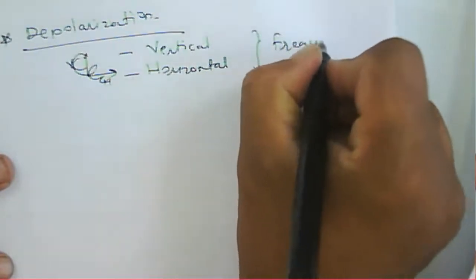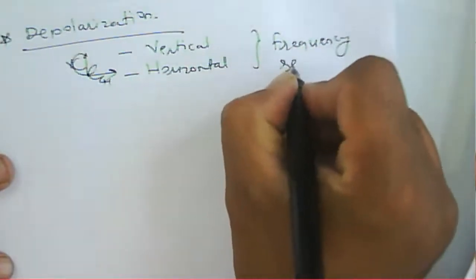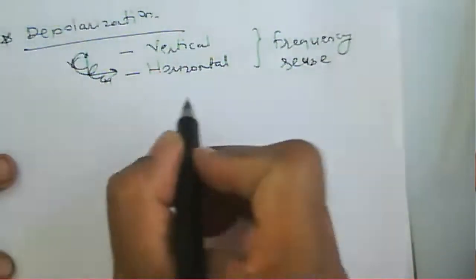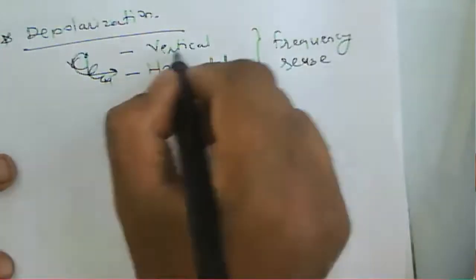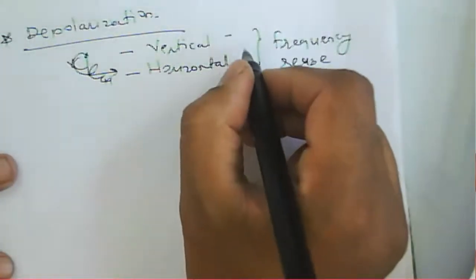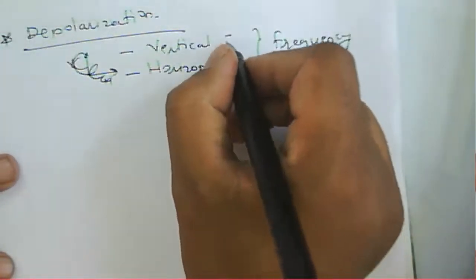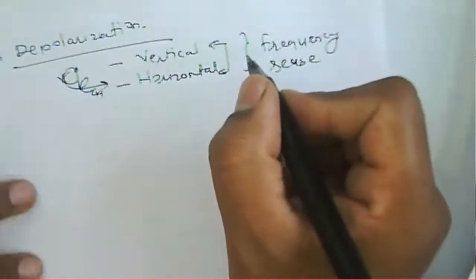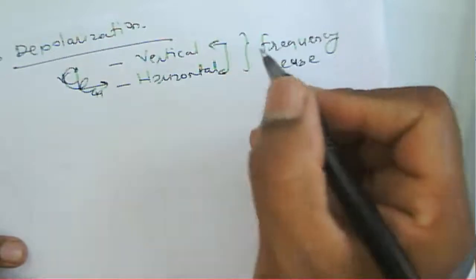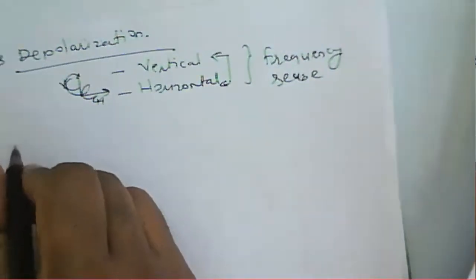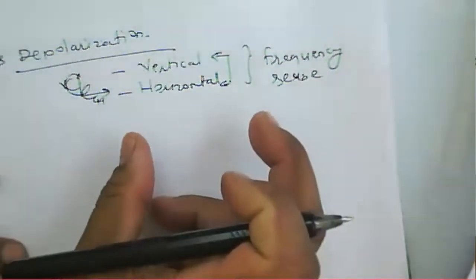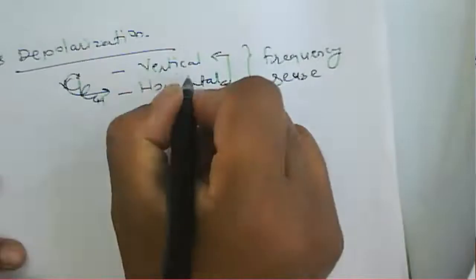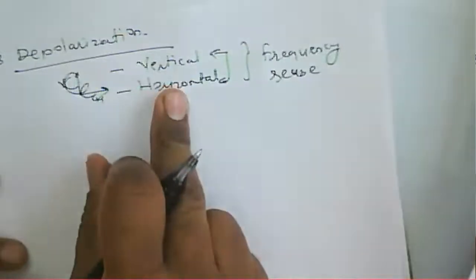We can use frequency reuse there. Because of that frequency reuse, we can employ vertical polarization and horizontal polarization in the same frequency band. That's why the capacity of the satellite will be increased. In the same band, we can transmit the vertical signal as well as the horizontal signal.